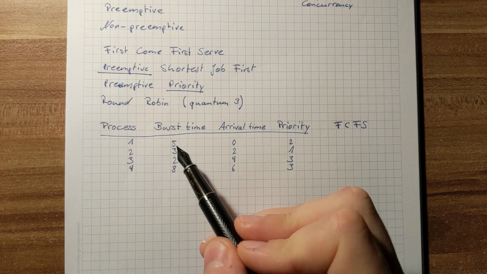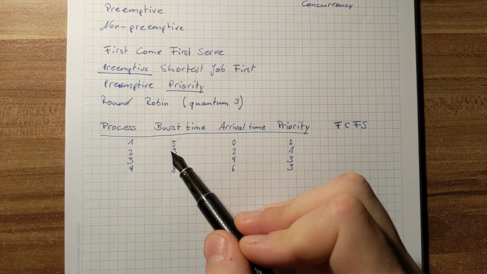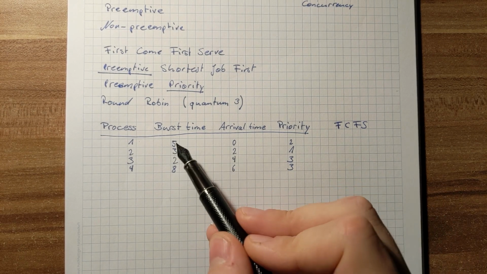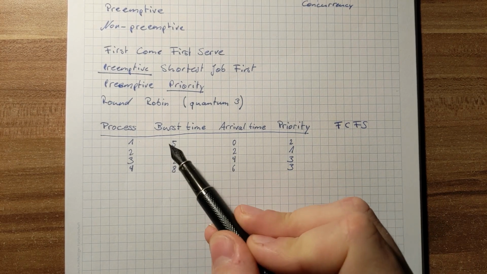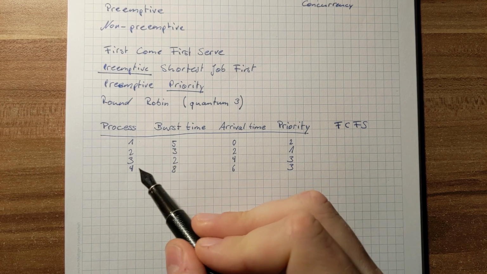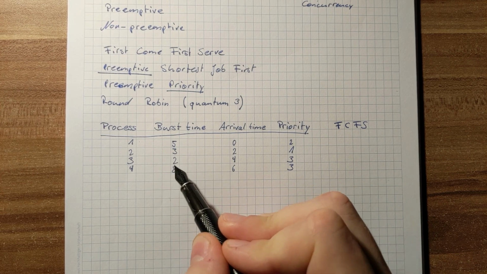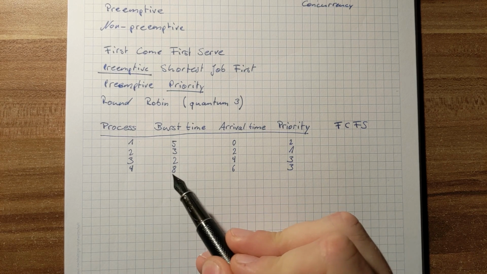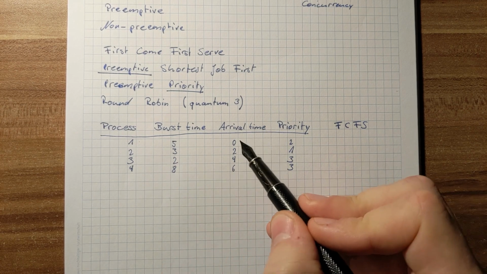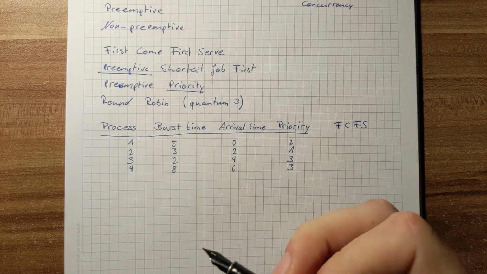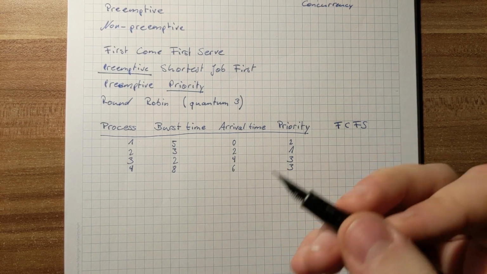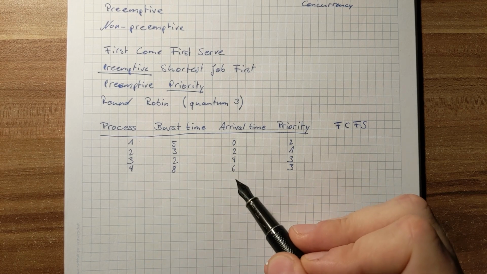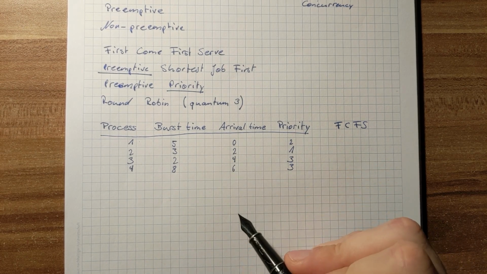Then we have a burst time, which is essentially just the time in quantums, if you want, that it takes until the process is finished. So we can see process 3 finishes in the shortest time, and process 4 is the biggest one and will take the most time. Then we have the arrival time, which is just at which point the process comes into the queue, because there are new processes coming up all the time, and this is where they arrive.